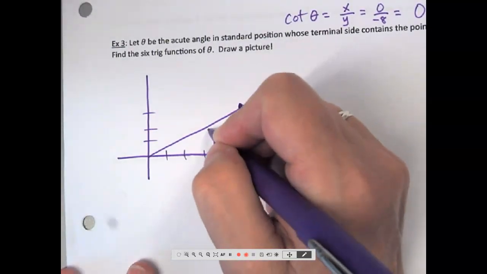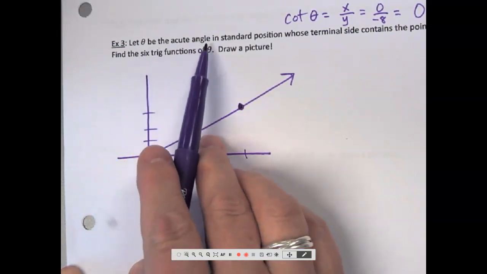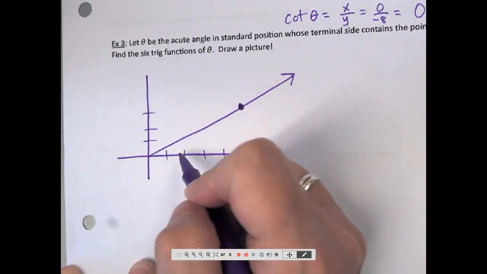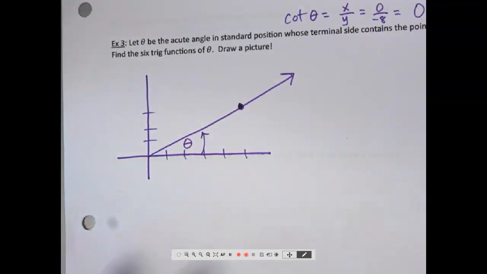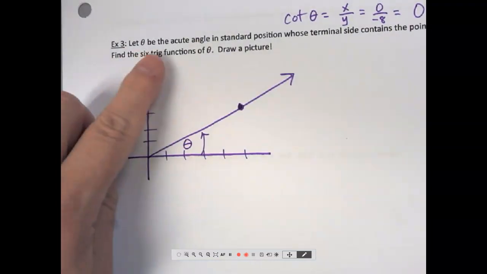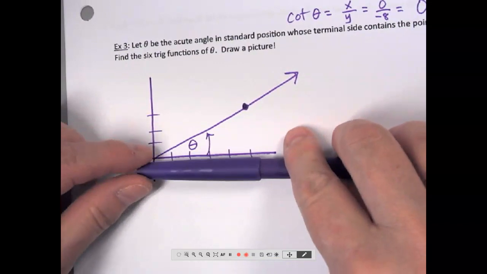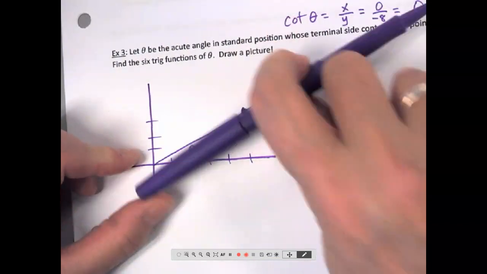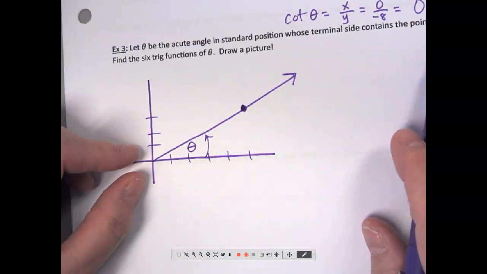Maybe I rotated here, maybe I rotated around here, but it's telling me theta is the acute angle. So that means it is this angle, as opposed to the one outside that, almost 360 degrees. Acute angle is theta. Standard position means I started rotating here, I stopped rotating there. That terminal side went through the point (5, 3).